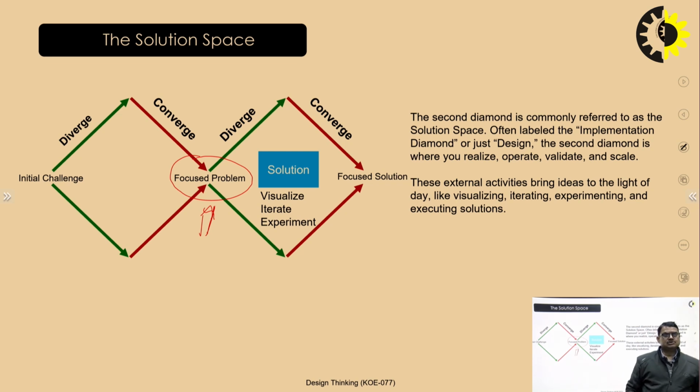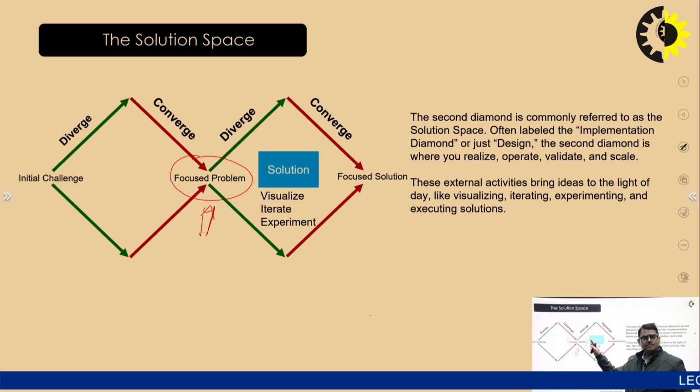The solution of that problem may come in multiple ways, like every problem can be solved with multiple solutions. So, here in the solution space, again we put ourselves into the divergent thinking domain. When we are in divergent thinking, that means we are listing out all possible ways to solve that particular problem.